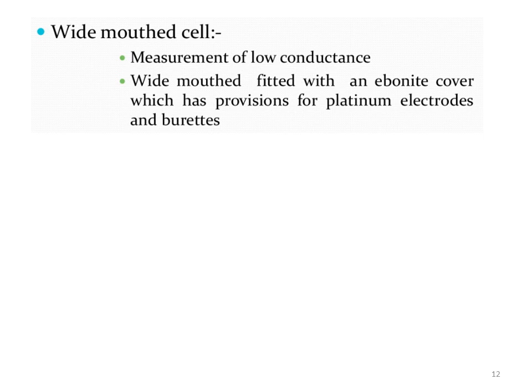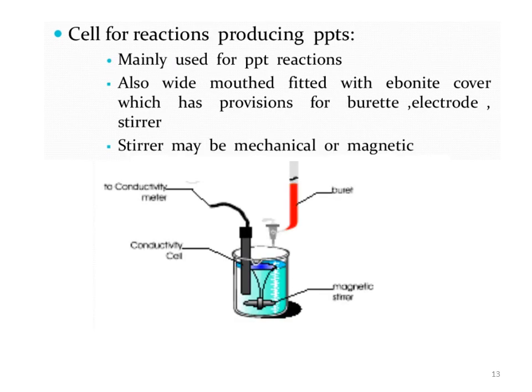Okay, these are the cells for reactions producing precipitations. These cells are mainly used for precipitation reactions, which are reactions in which precipitate is obtained.